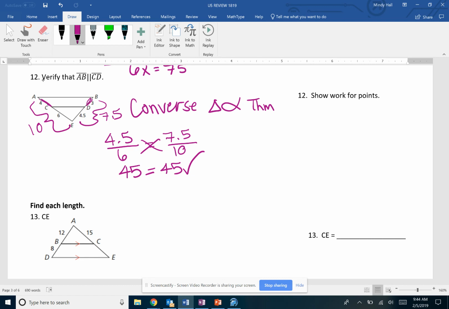Because it says show work for points, it's really, can you set up the proportion like I did here, and then can you prove that they are proportional? If you set up individual fractions and then compared the ratios, that would also be fine. But we do know that now AB is parallel to CD because of the converse triangle proportionality theorem.